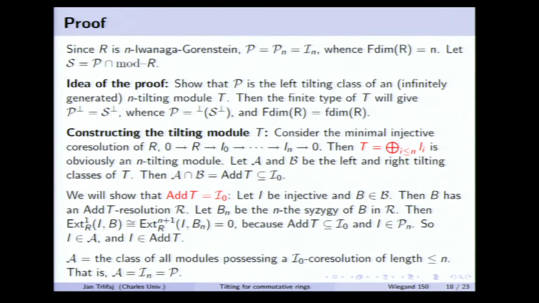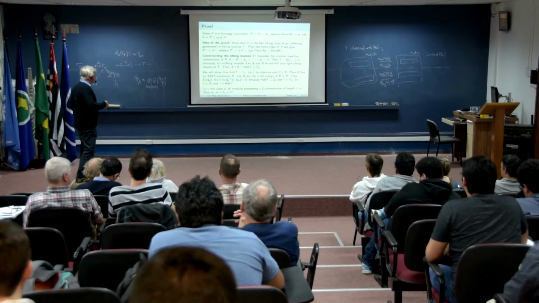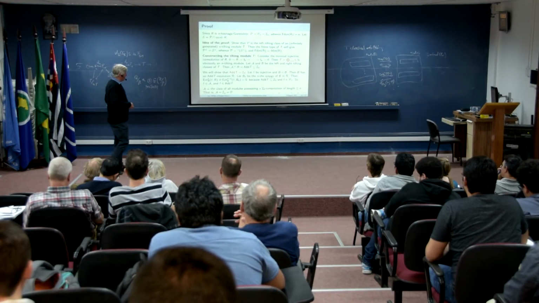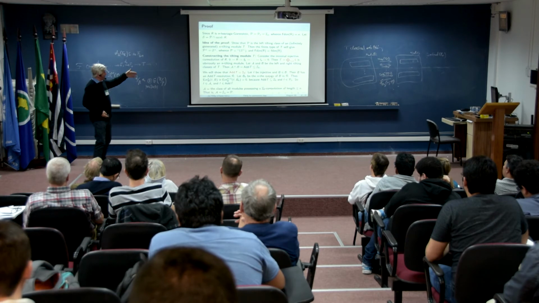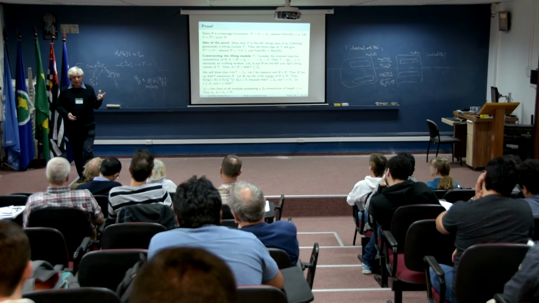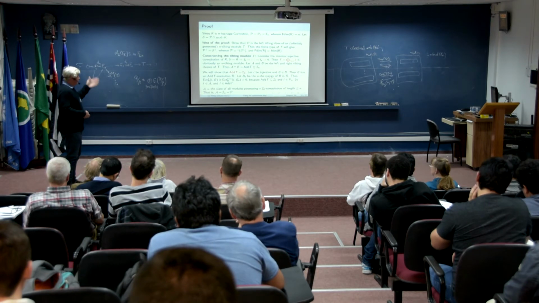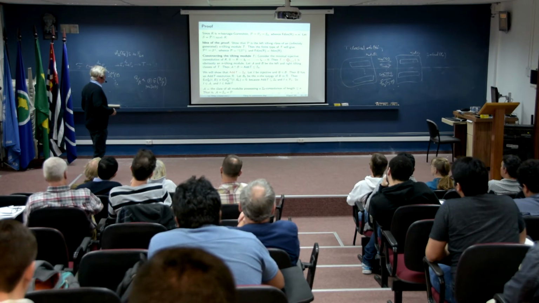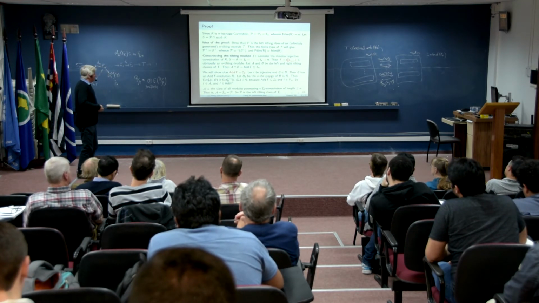But these are also, by this remark at the beginning, the same as P. So we have proved that A is P. So P is a left tilting class of a tilting module, namely of this guy here. And okay, so the proof is finished. So the only difficult thing in this is that you have to use the fact that it's finite type, which you don't see a priori. Otherwise, it's just easy arguments.